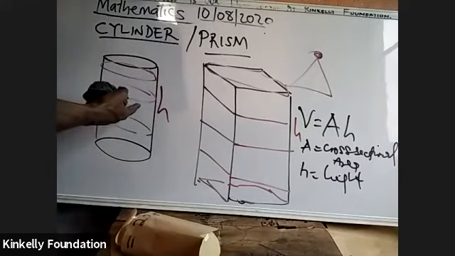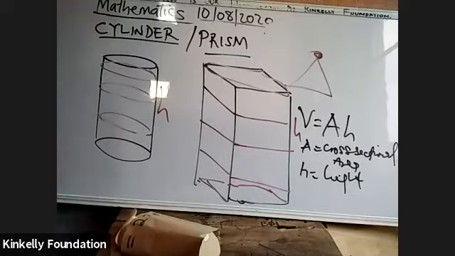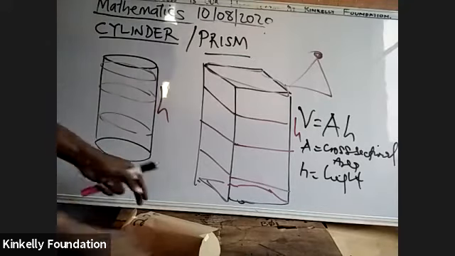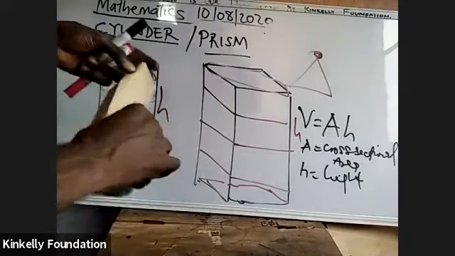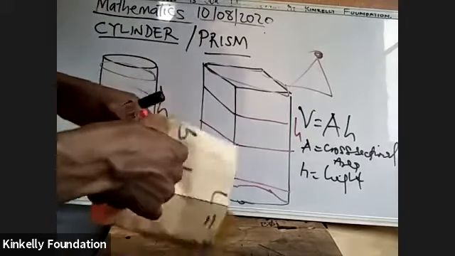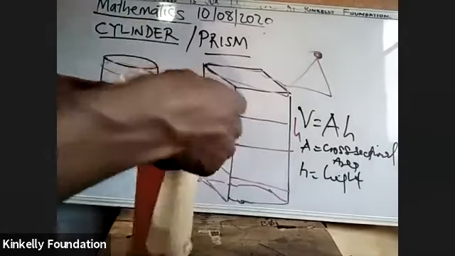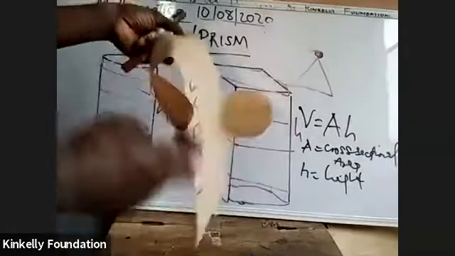Now for this thing, a cylinder, when you open up a cylinder, assuming that this is a solid cylinder, the solid cylinder is a cylinder that has circles at both ends. They are closed at both ends.